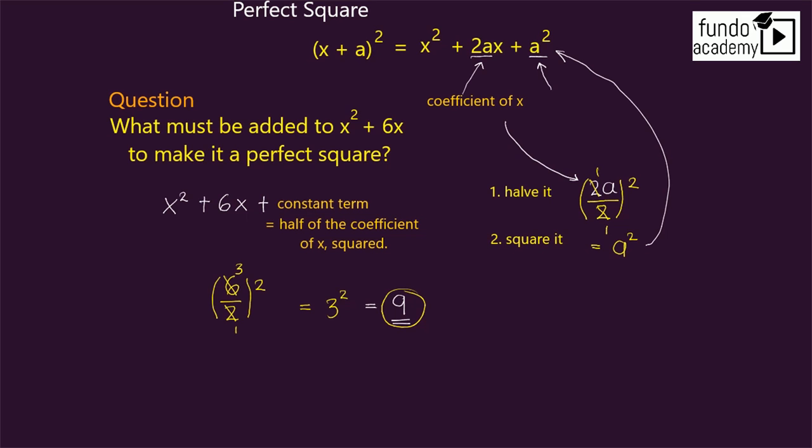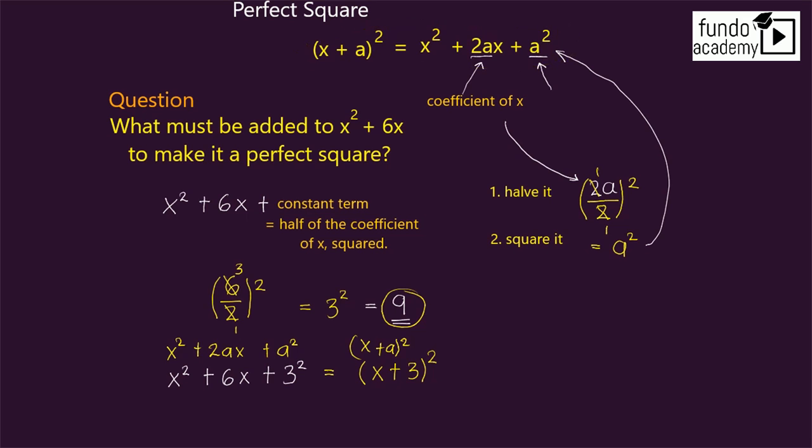Now if we want to write x squared plus 6x as a perfect square, having added the constant term, then it will be x squared plus 6x plus 9, but I'm just going to write 9 as 3 squared so that it can come out in the form x squared plus 2ax plus a squared, and this will also come out as x plus 3 squared if we are writing it in the form x plus a squared, just as we had right here.